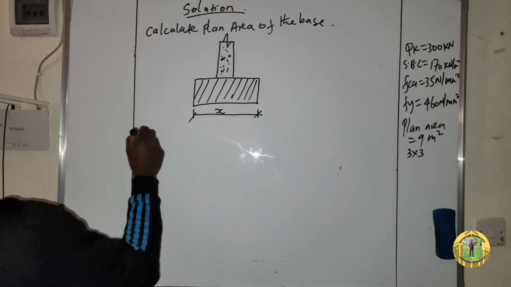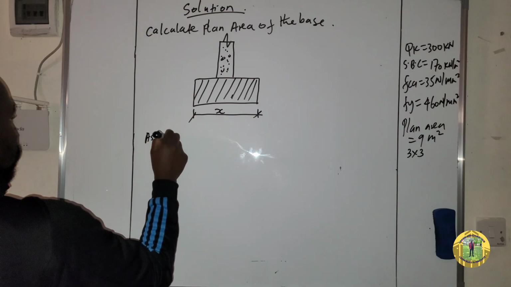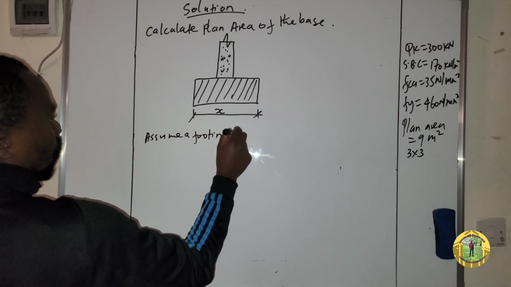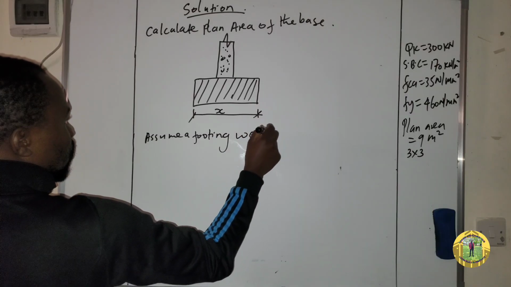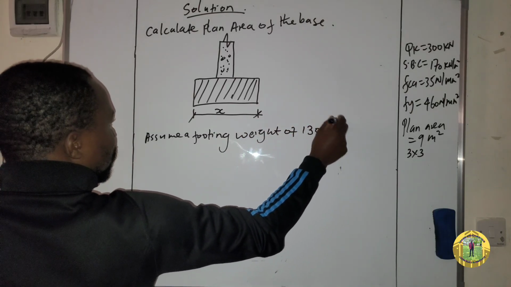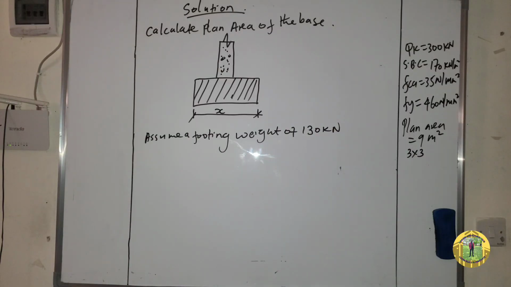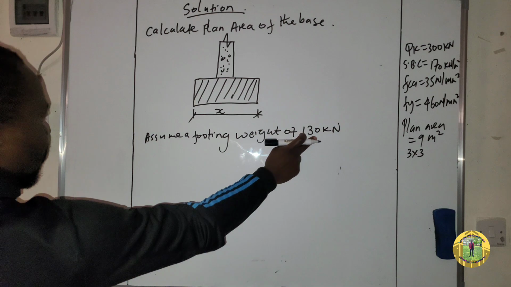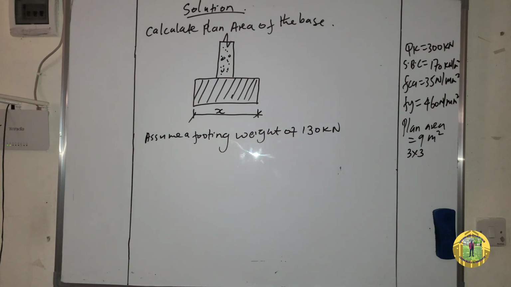So assume a footing weight of 130 kilonewton. You can assume any other weight. It can be 100, 120, 130, and so on. So we have assumed this base has a weight of 130 kilonewton.